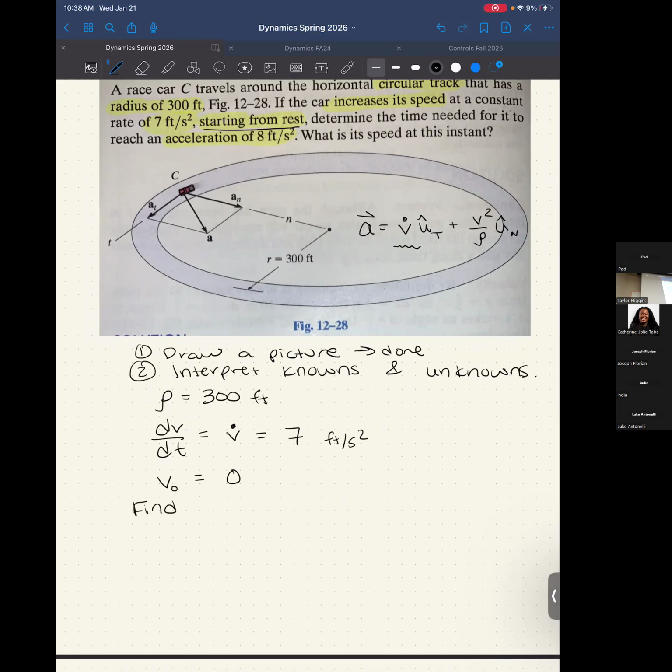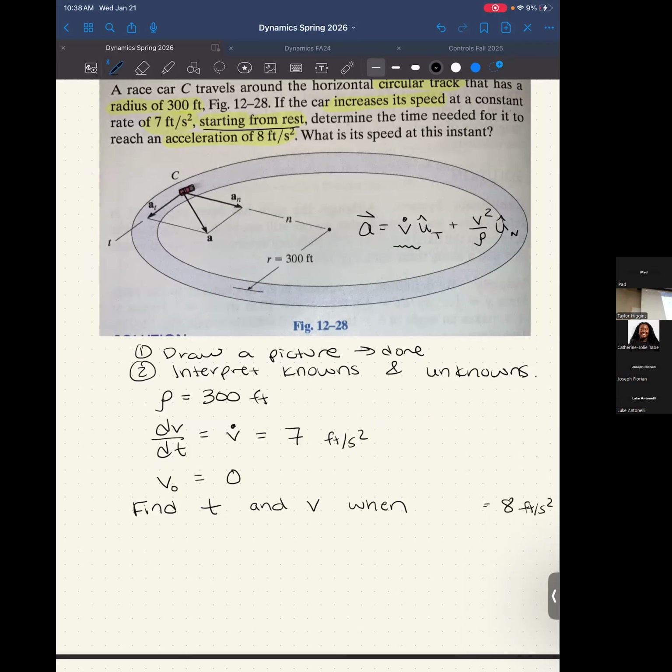It says it wants us to find t and v when what equals 8 feet per second squared. Acceleration I usually write as a vector that's a function of time. Did it give me a vector as a function of time?